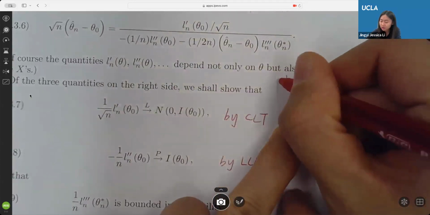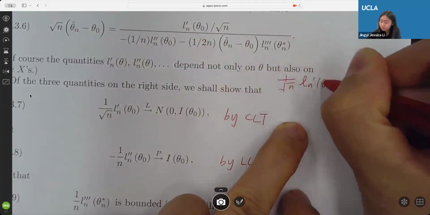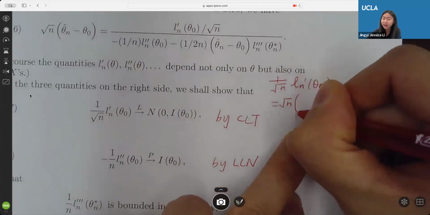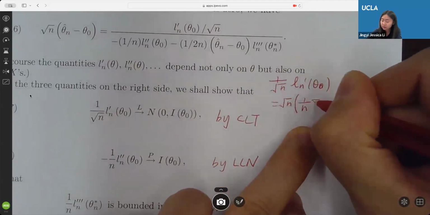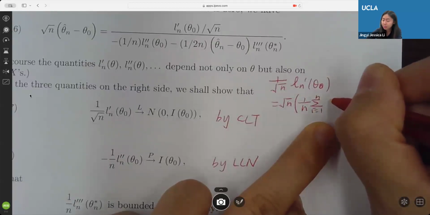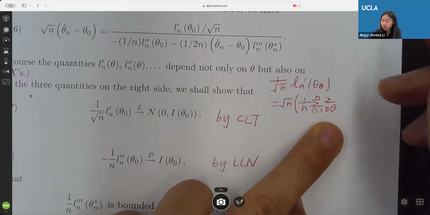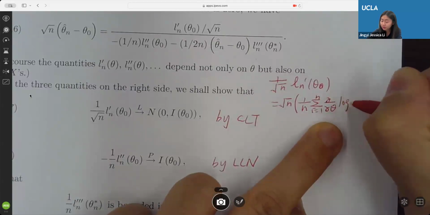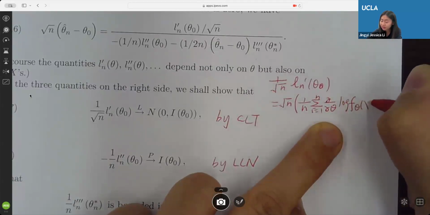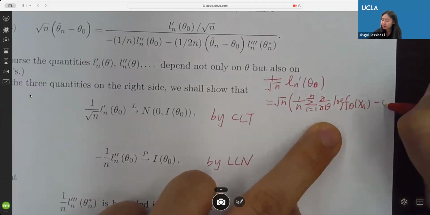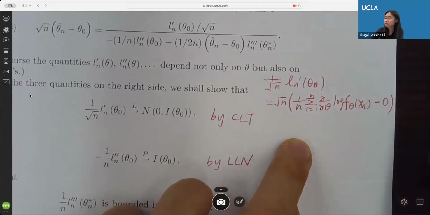So for the left-hand side, let me just write a little bit. This is actually, I can write it as 1 over n summation i from 1 to n of the derivative of log f theta xi. So this is the sum average, the mean of that.